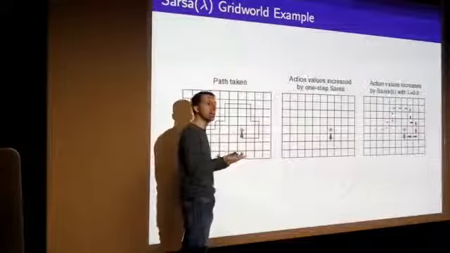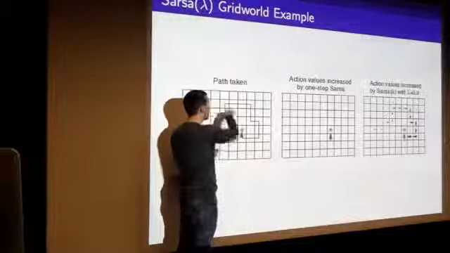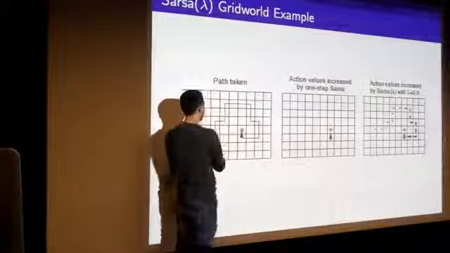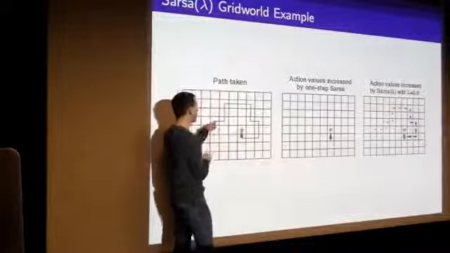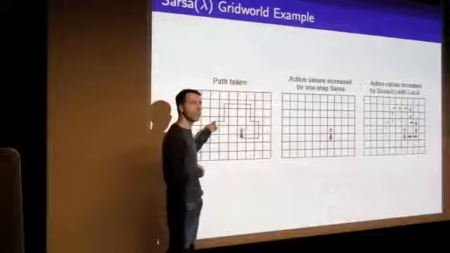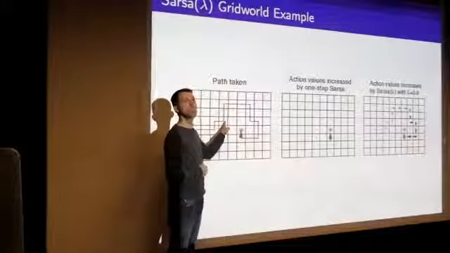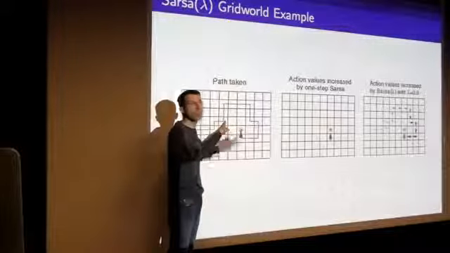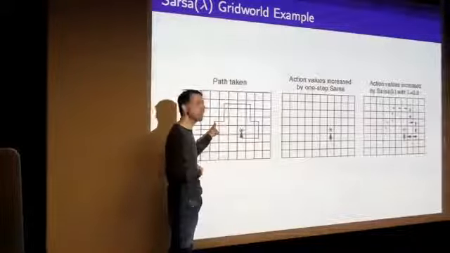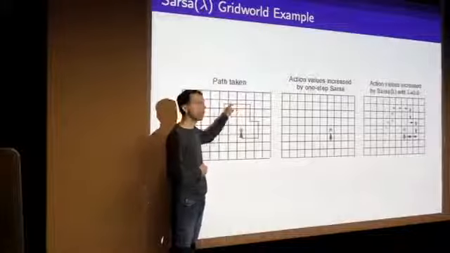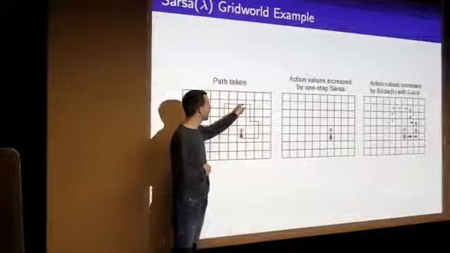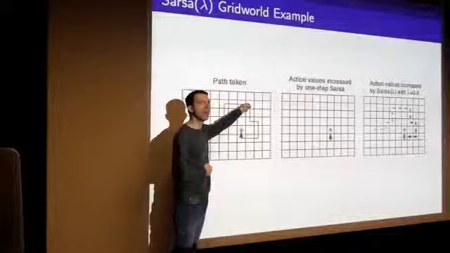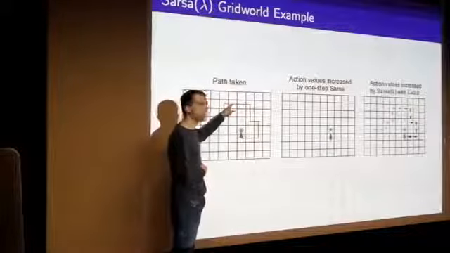But in Sarsa, if we look at the updates which are made at every step, at every other step apart from the final one, like here, we thought the value was 0. After this step, we also thought the value was 0, because we initialized all our Q values to 0. So nothing changes here. Over here, we thought the value of going right was 0. We ended up in a state where if you go right, you get a value of 0. So again, nothing changed here.